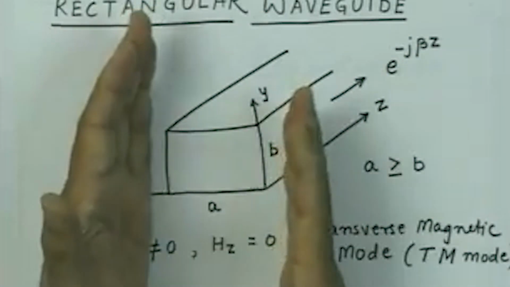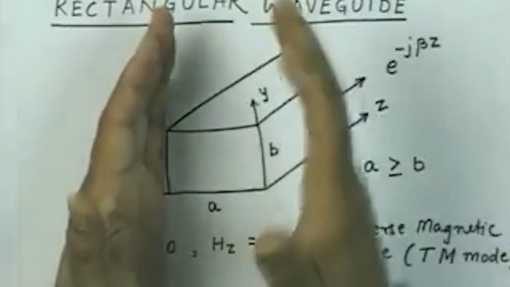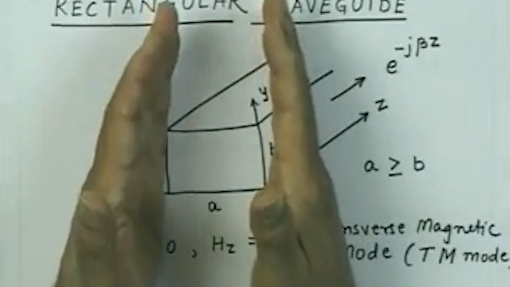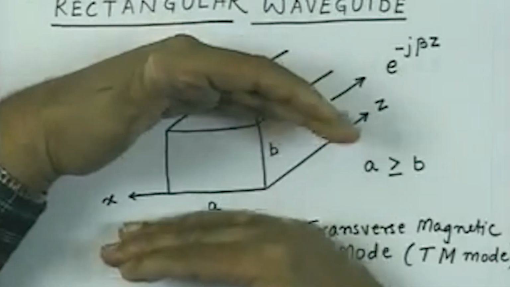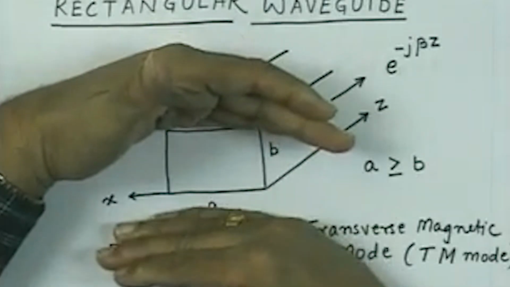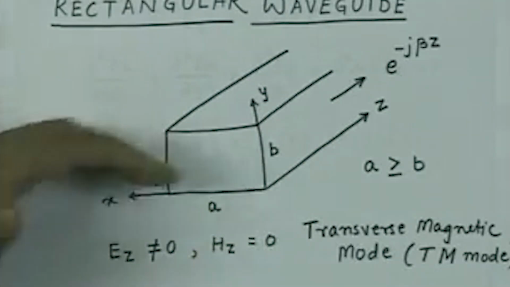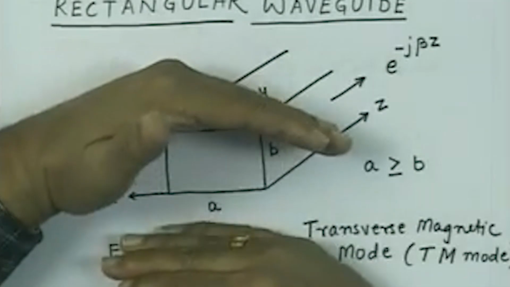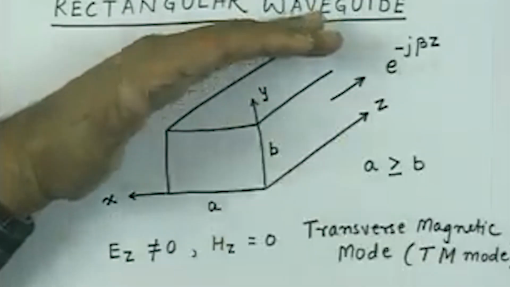So, that means whatever solution we are going to get for this problem must have a standing wave kind of solution in the x direction, because if I take the limit when b tends to infinity, the solution must represent the solution for the parallel plane waveguide. Same is true for this also, that if I take these 2 planes, then if I take a tending to infinity, again I will get a parallel plane waveguide which is horizontal now, and then I must get a standing wave kind of solution in the y direction.